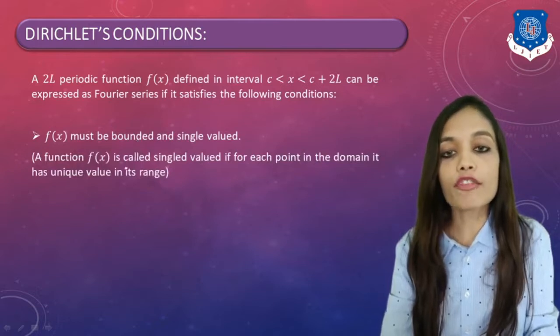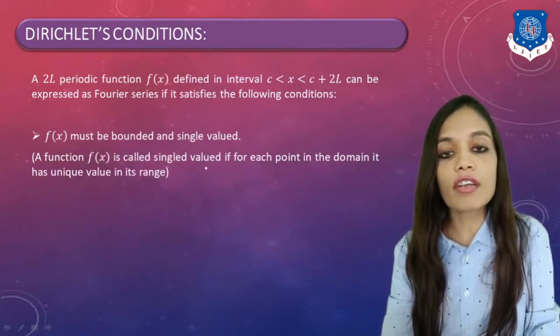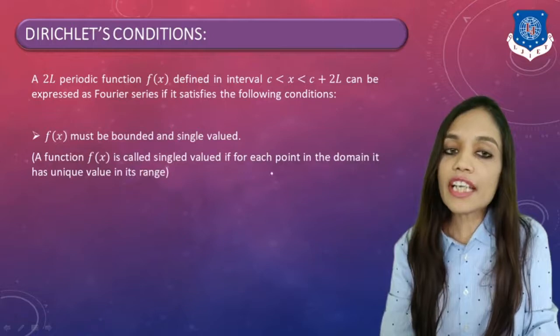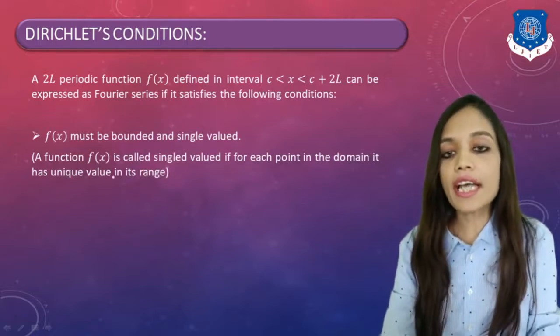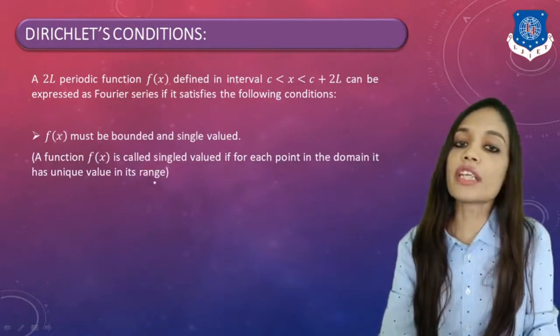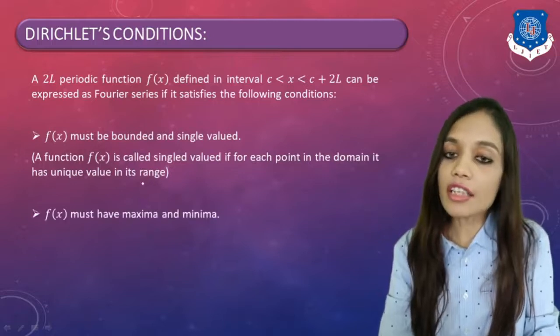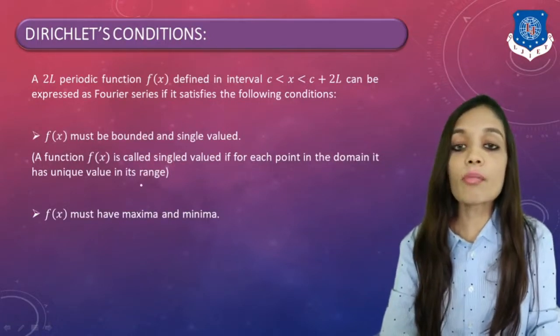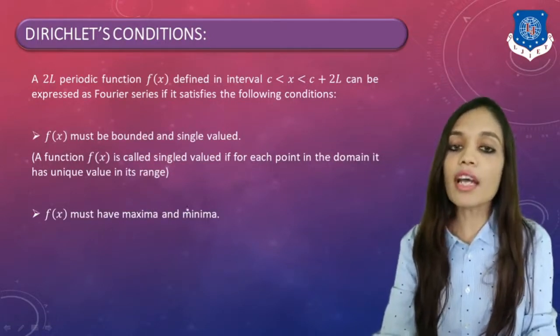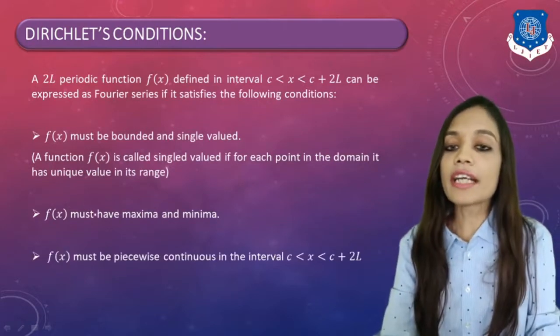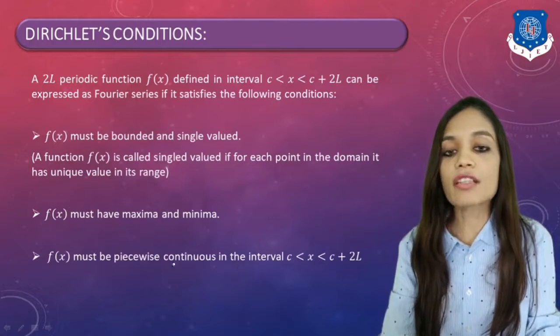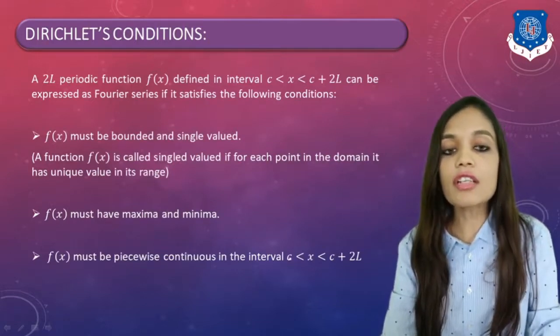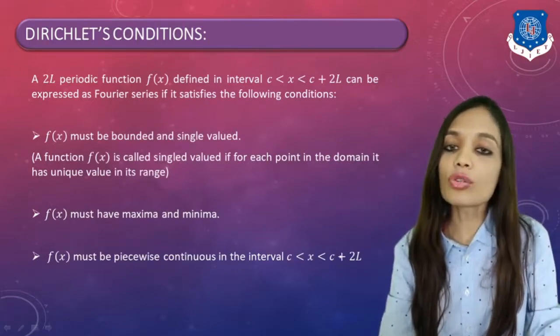A function f of x is called single valued if for each point in the domain it has a unique value in its range. The next condition is the function must have maxima and minima. And lastly, the function must be piecewise continuous in the interval c to c plus 2L.